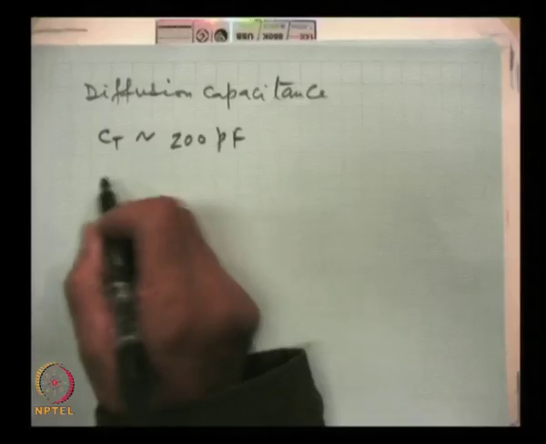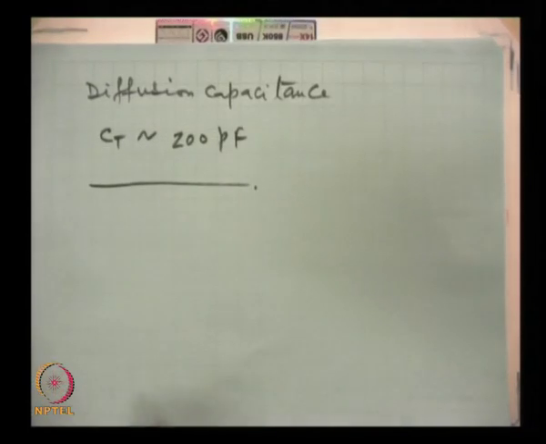So, the diffusion capacitance does not play as important a role as the junction capacitance or transition capacitance. So, this is about the junction capacitances.